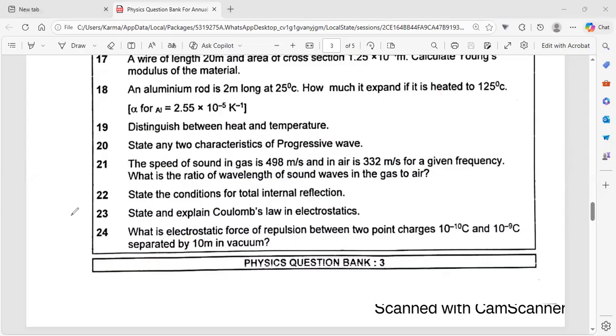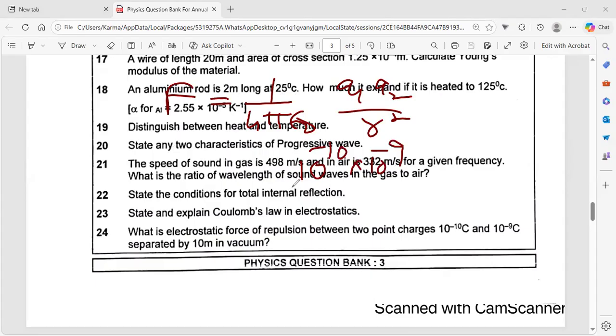What is the electrostatic force of repulsion between the 2 point charges, 10 raised to minus 10 and 10 raised to minus 9? So I use Coulomb's law. 1 upon 4 pi epsilon 0 times Q1 Q2 over r square. 10 raised to minus 10 into 10 raised to minus 9 divided by 10 meters square.